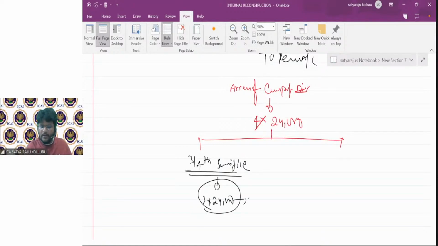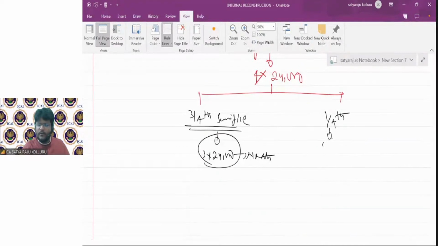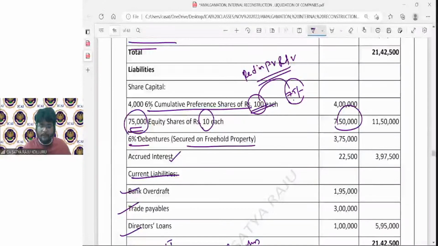For that, no entry. For the remaining 1/4, 24,000. For the 24,000, what are they expecting?